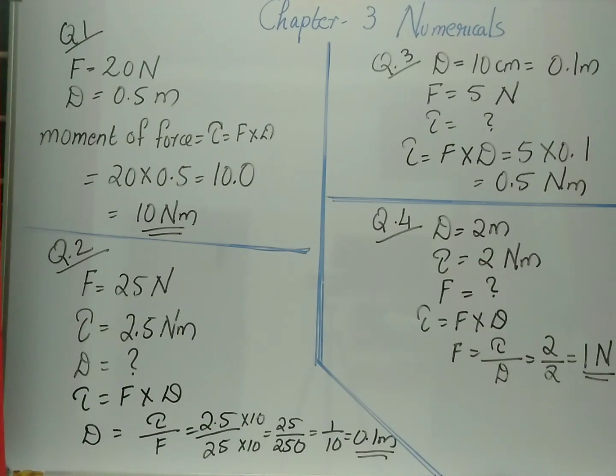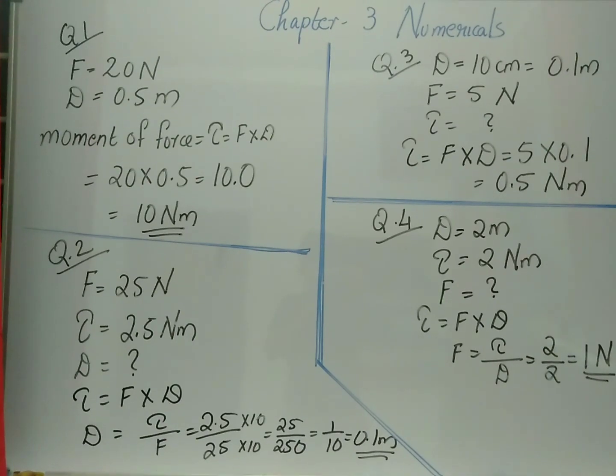What is the minimum force that must be applied on the rim? So we are asked to calculate the force. Torque is equal to force into distance. Force is equal to torque by distance, when it goes to the other side it becomes division. That is 2 by 2, so force is equal to 1 Newton.